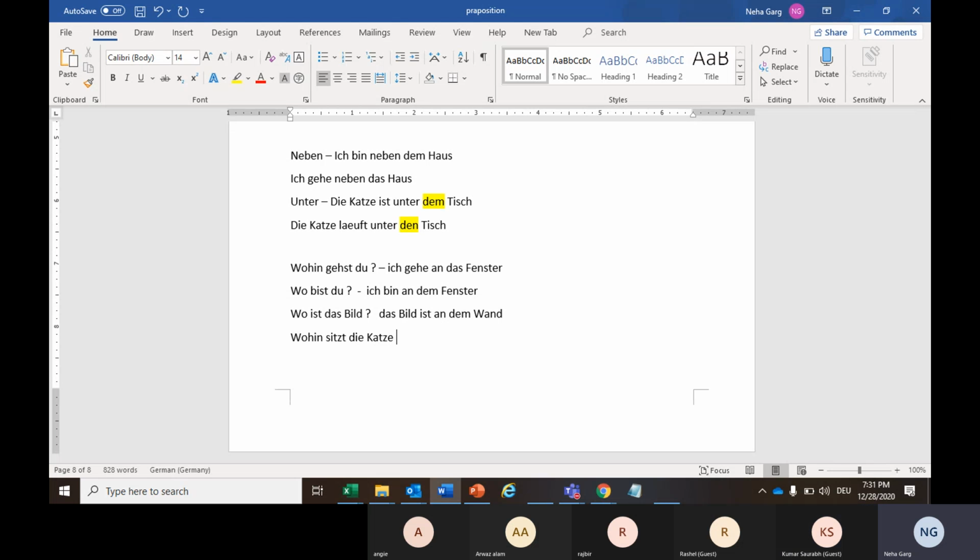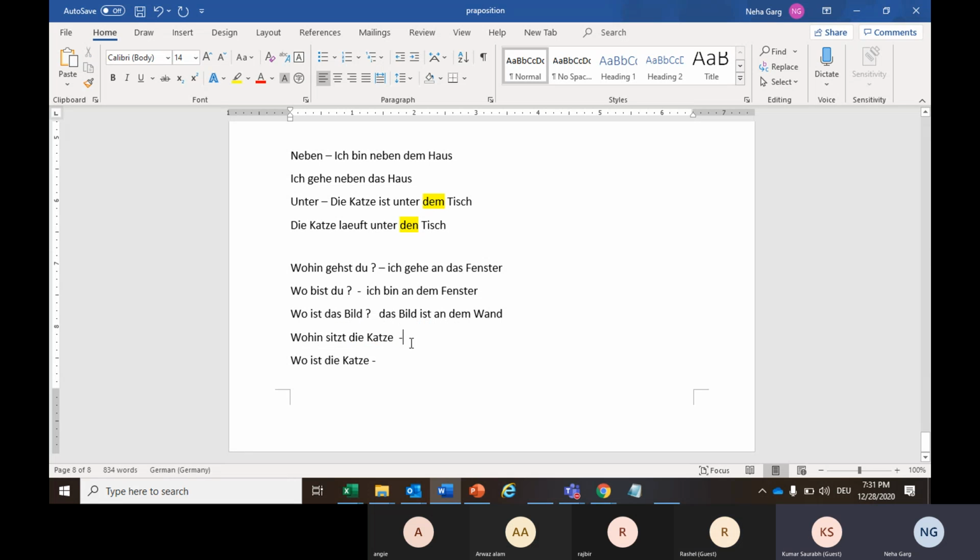Wohin sits the cat. Can somebody tell me if this is an accusative case or dative case? Accusative. Yeah, this is accusative case. Is this accusative or dative? Dative. Yes, because this is a wo case.